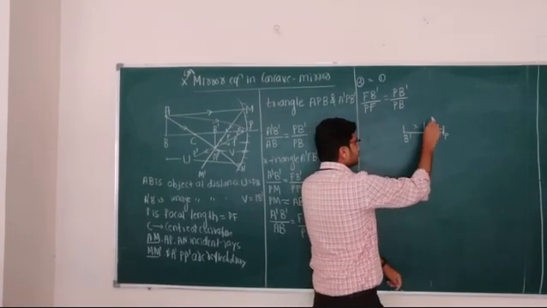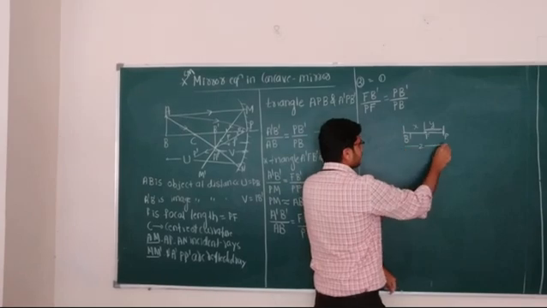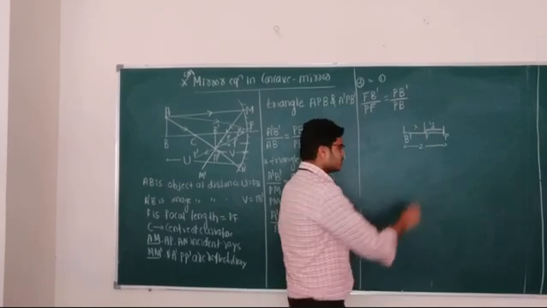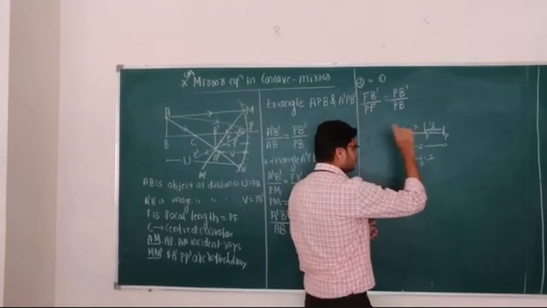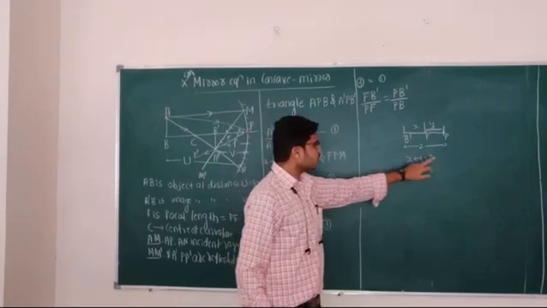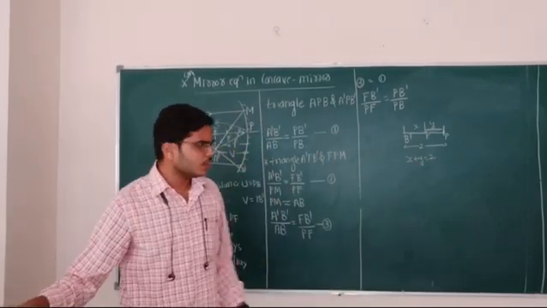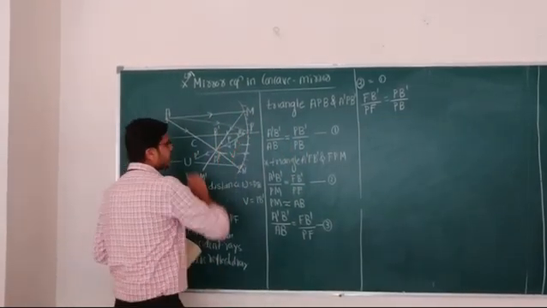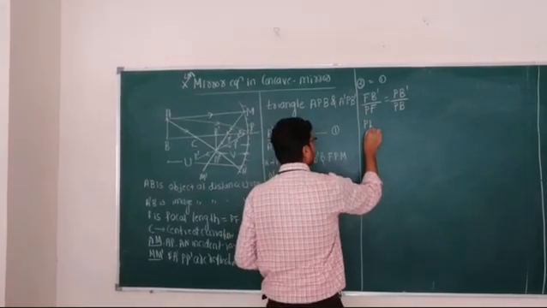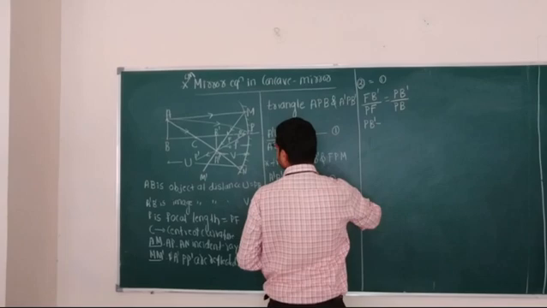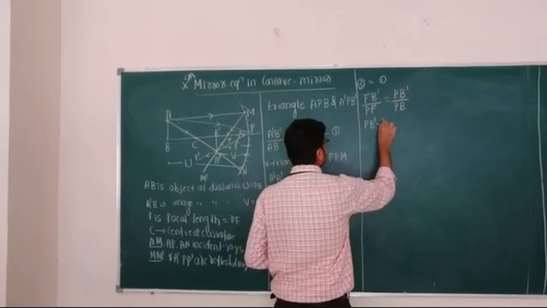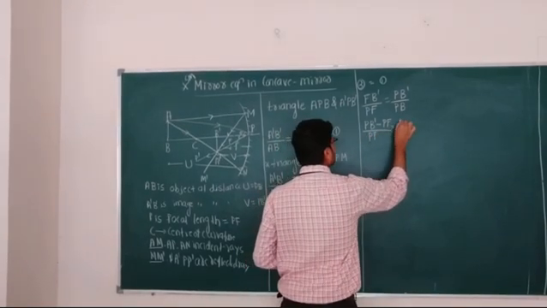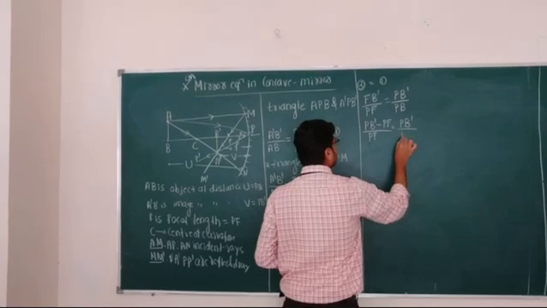It is X, this is Y. You take this as Z. The total distance is Z. Z minus Y will give you X, because X plus Y is equal to Z. Therefore, X is equal to Z minus Y. Therefore, how can I write? FB' can be written as PB' minus PF, divided by PF, that is equal to PB' divided by PB.